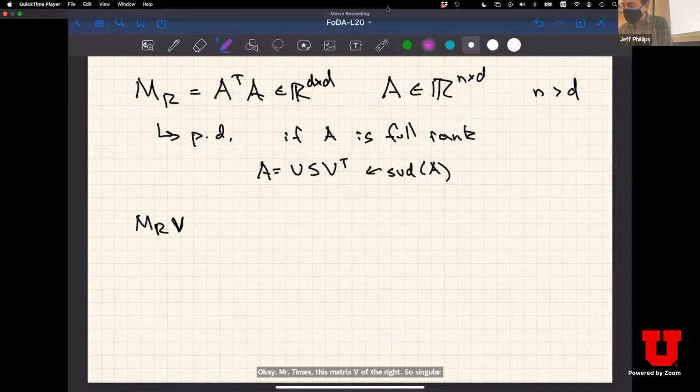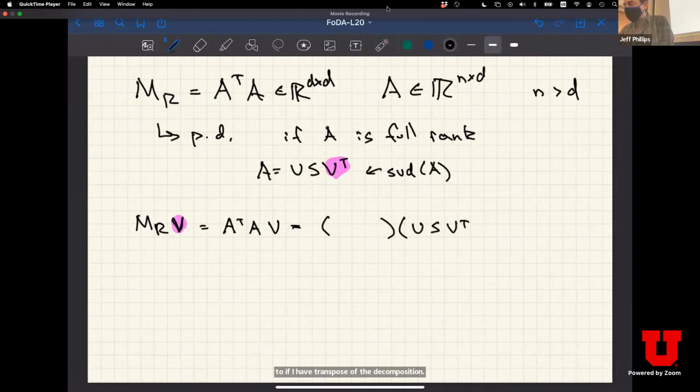All right, so these are the right singular vectors here. I'm going to write this down here, but I want to expand this out. Remember, this is A transpose A times V. If I have the transpose of a decomposition, A is U S V transpose, and this is A transpose. What you do for that is you swap the order and you take the transpose of everything.